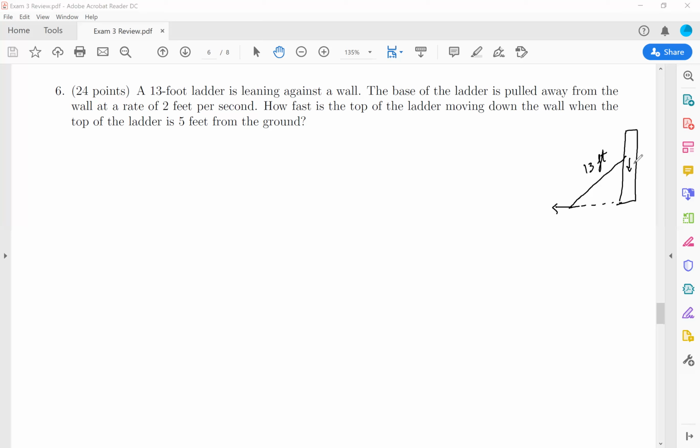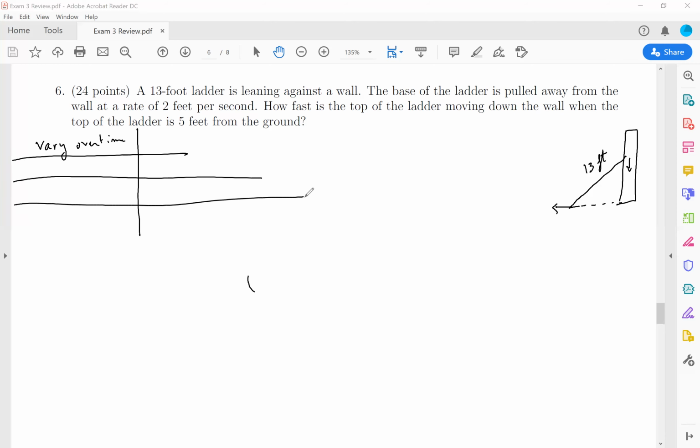So the best thing to do is to summarize into a table. So what varies over time, everything that varies over time, we're going to introduce variables. And remember, we're going to have the given rate.